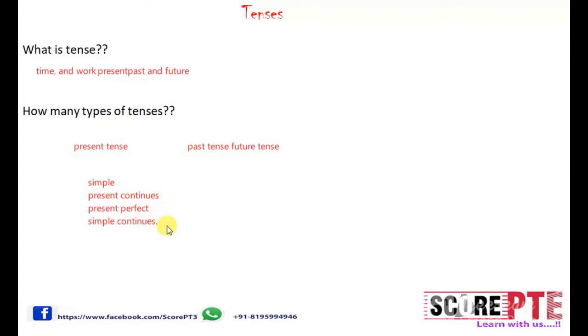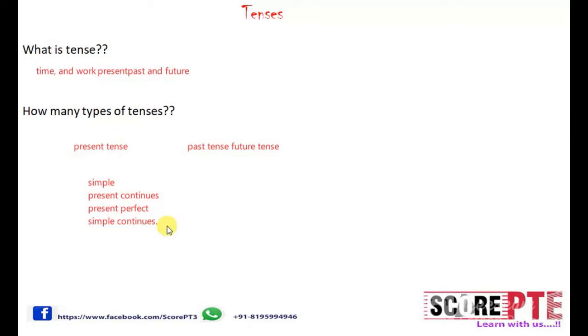It means that "I am a boy" is present simple tense. And present continuous: "I am going to Australia", it's continuous tense.